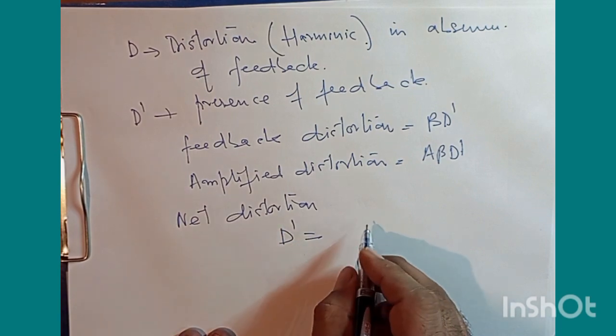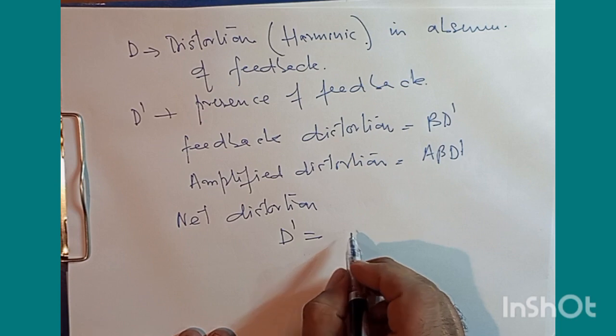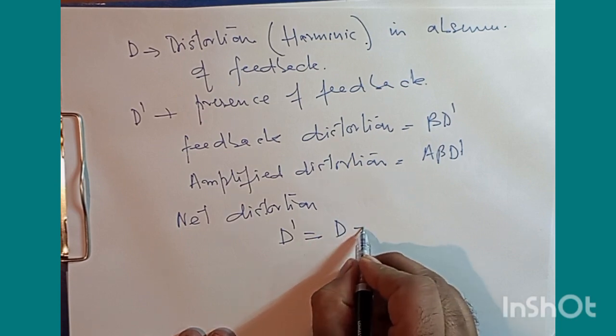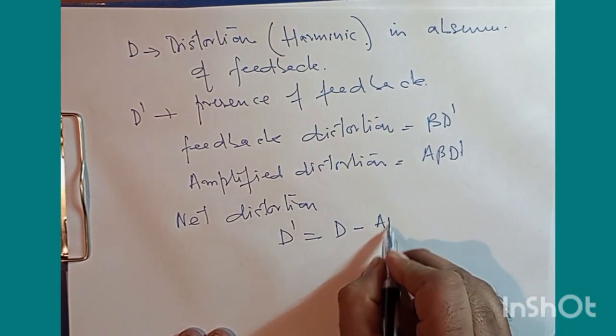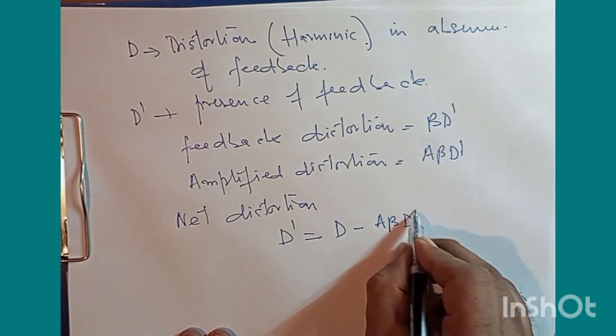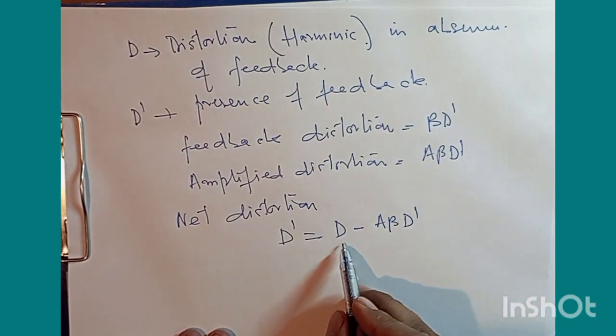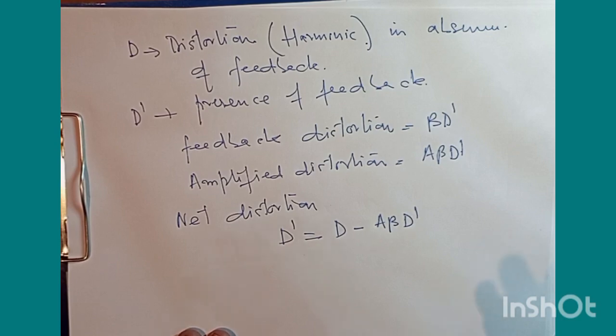This net distortion will be D minus A beta D dash. Now, we understand that this D is the distortion in the amplified signal in absence of feedback, and D dash is the distortion that we will achieve once we have subjected the system to the negative feedback.